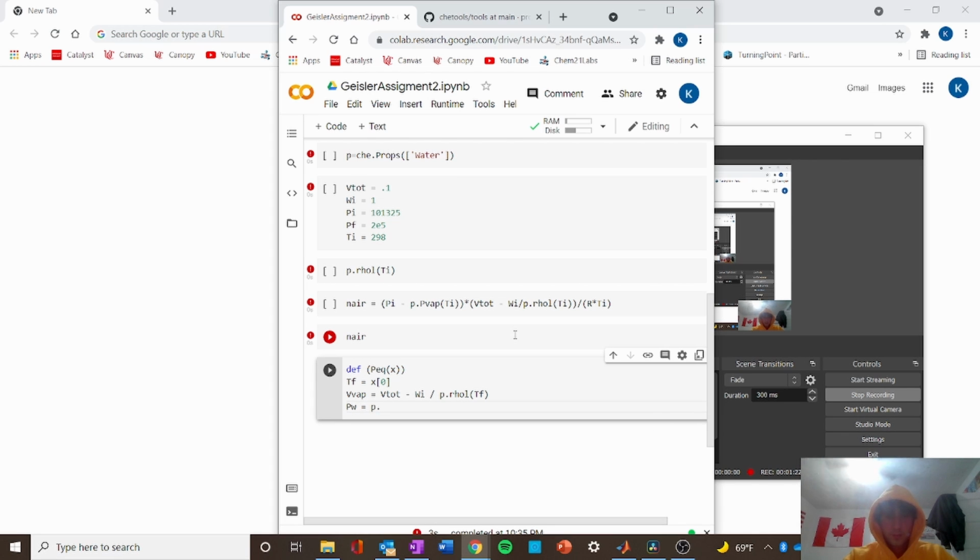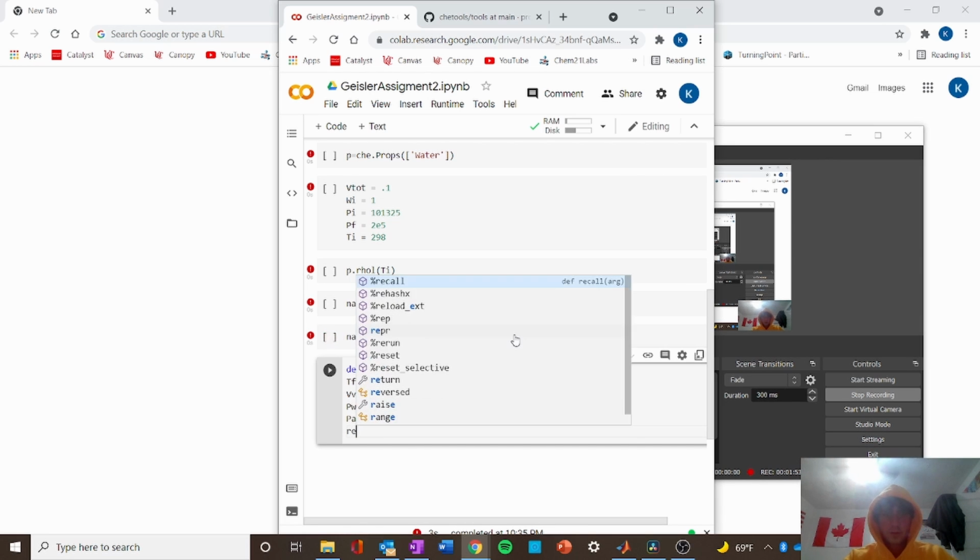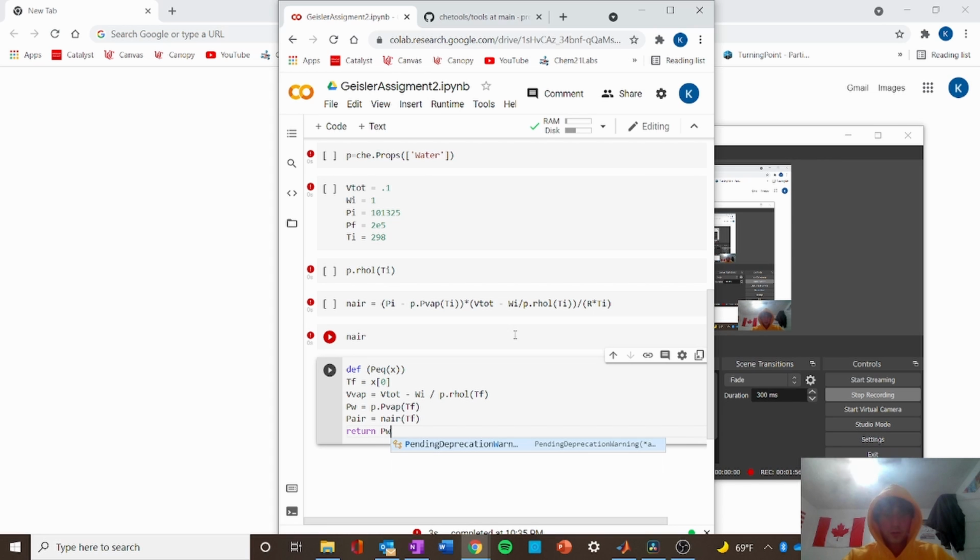This is going to give us the pressure at the vapor phase at our final temperature, and we're going to have our P air equal to our nair, I think, at the final temperature. This gets us the partial pressure of water and the partial pressure of air, and we're going to return the pressure of the water plus the pressure of the air minus the final pressure, because the final pressure is equal to the water pressure plus the air pressure.